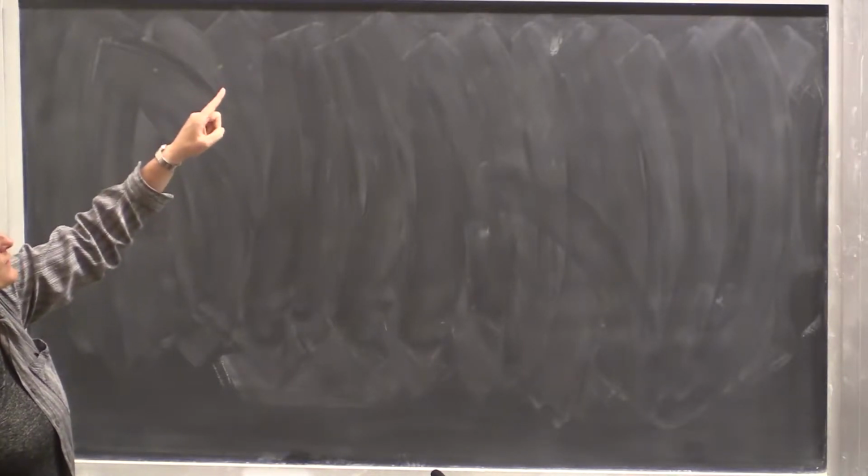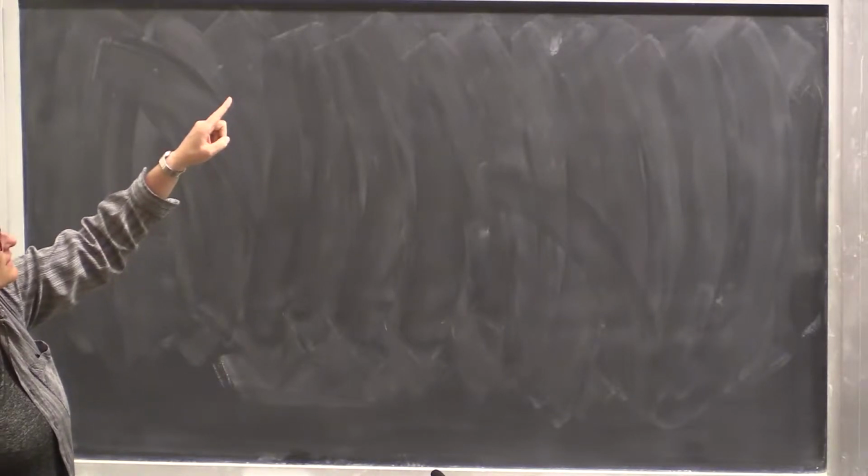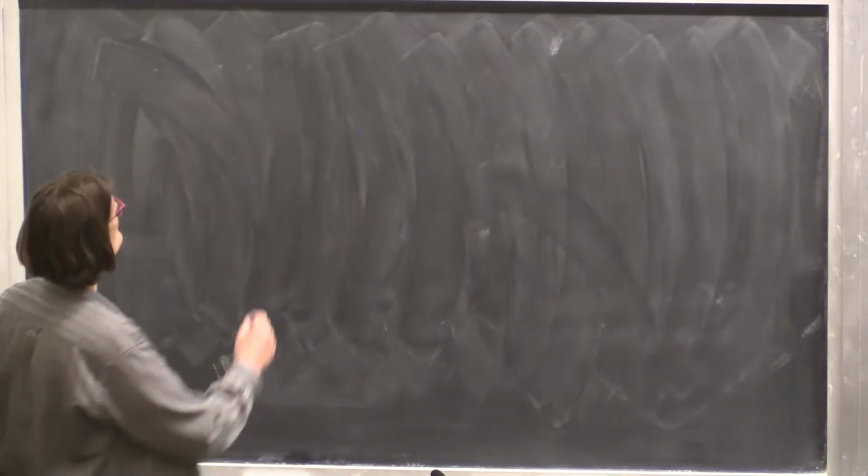Once we're at this point, we write down the linear system for that augmented matrix.